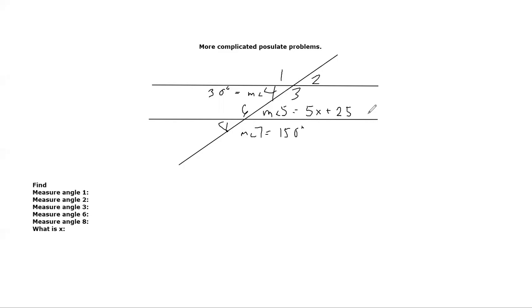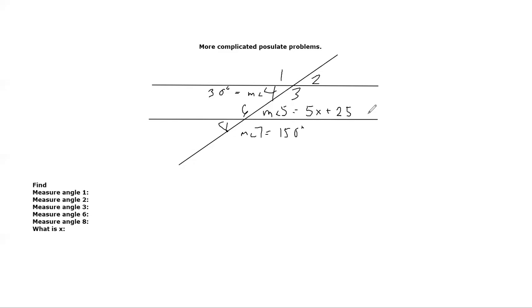Okay, the first one where it says find measure angle 1, right? We know that measure angle 1 and measure angle 3 are vertical. We also know that measure angle 3 and measure angle 7 are corresponding. So in a really weird roundabout way, I know what measure angle 1 is.